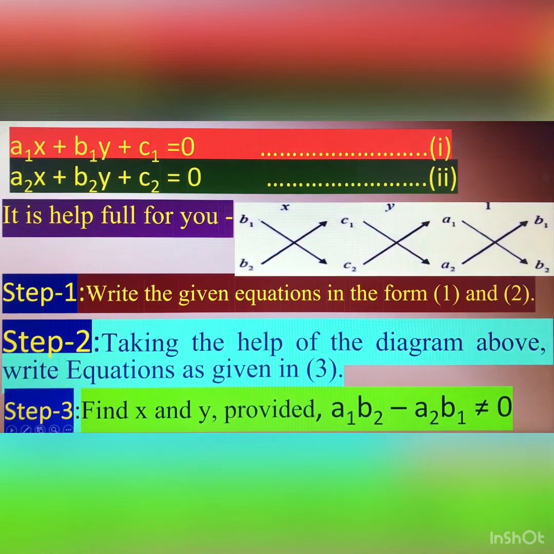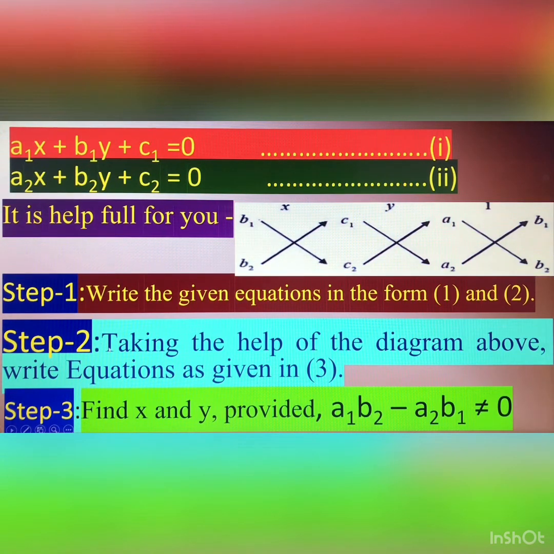So step number 1, how can you solve the equation by the cross multiplication method? The necessary condition is to write the given equations in the form of 1 and 2, means the right-hand side should be 100% 0, applying the cross multiplication method.